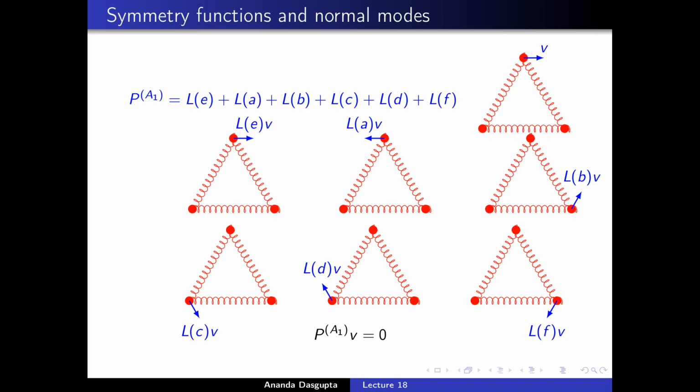But that did not work out here, because when you applied PA1 on V, all you landed up with was 0. Which simply means that the vector I started out with did not have any component in the particular basis direction that we are looking for, which is why when we tried to project into that basis direction, we ended up with 0. What do we do in such a situation?